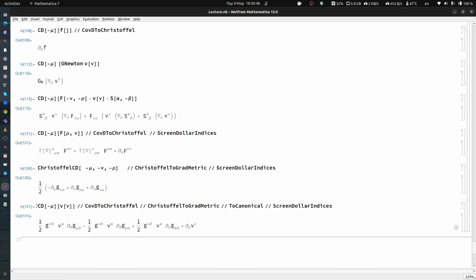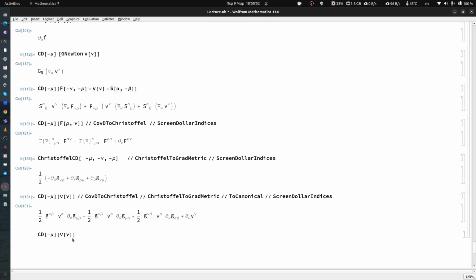Now we can do that for a more complicated expression, like F minus rho. Then let's contract the index nu.